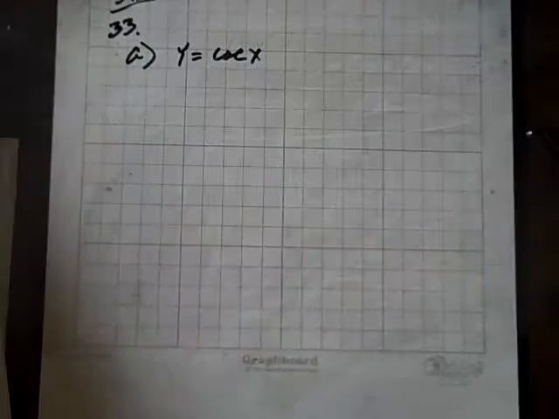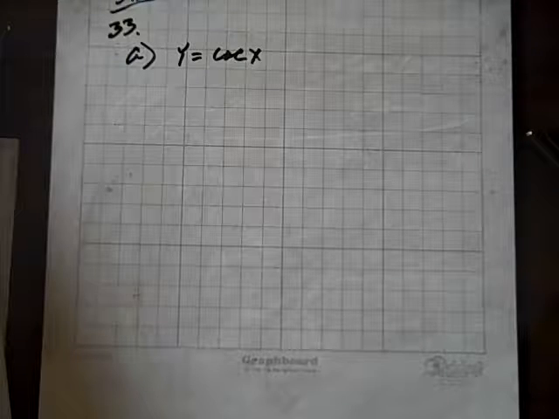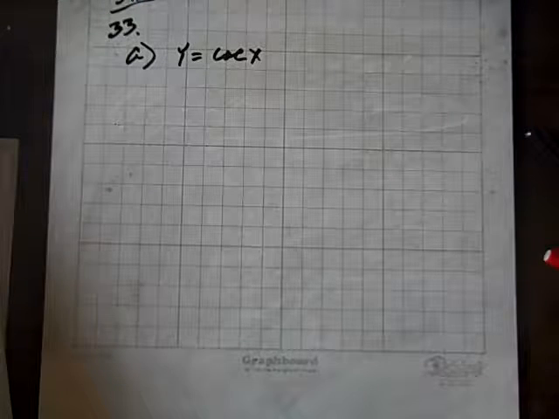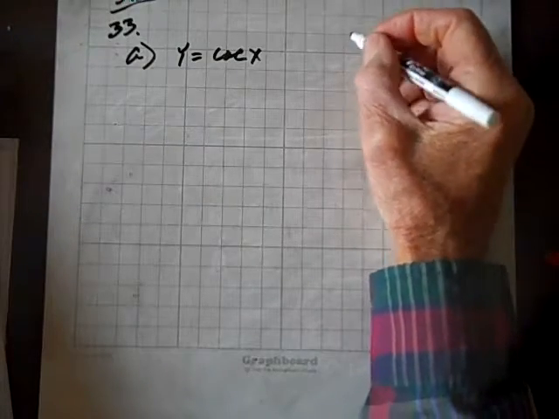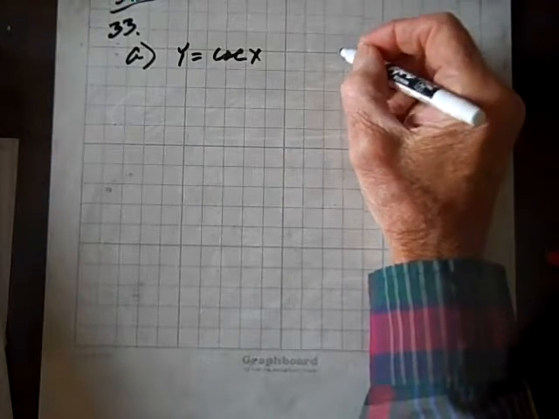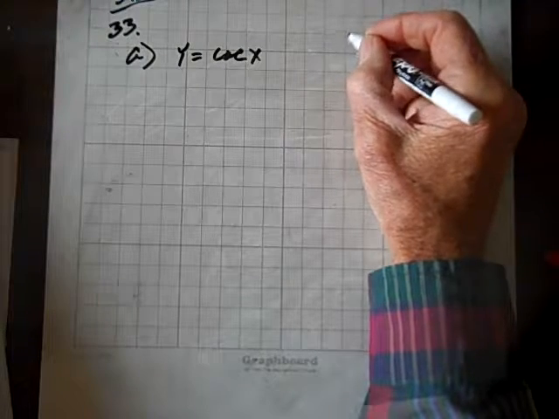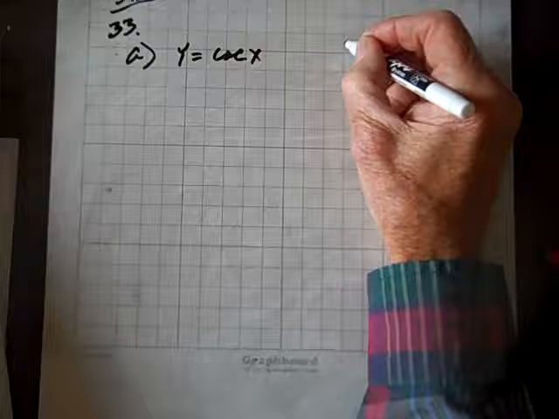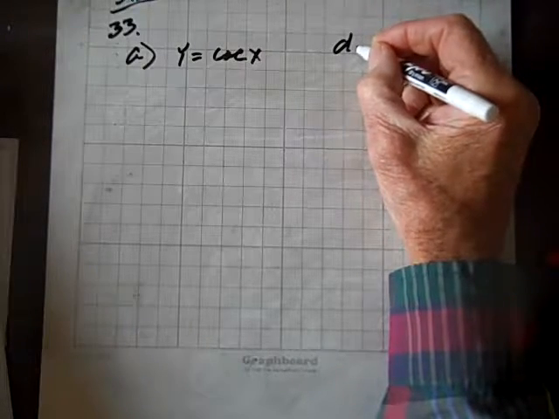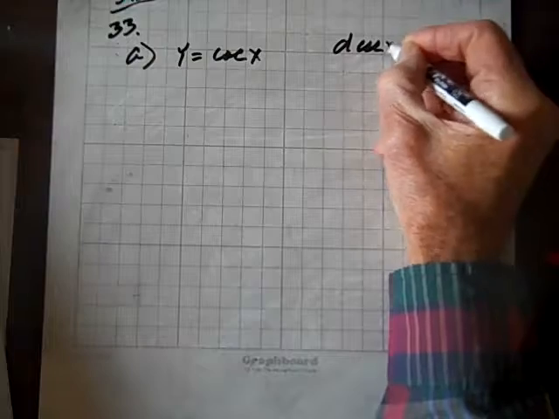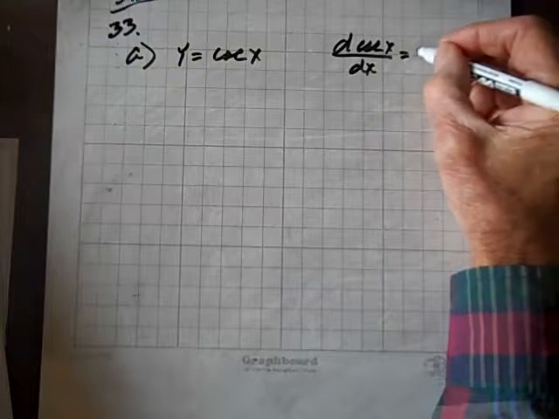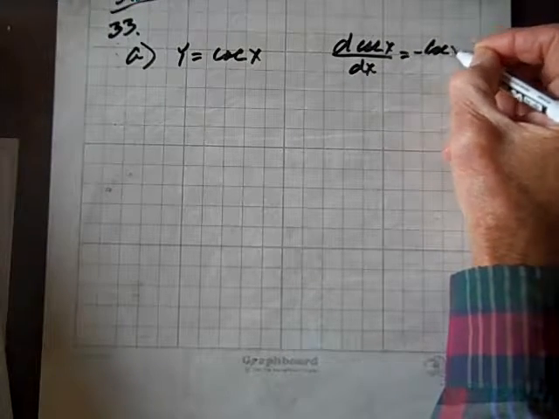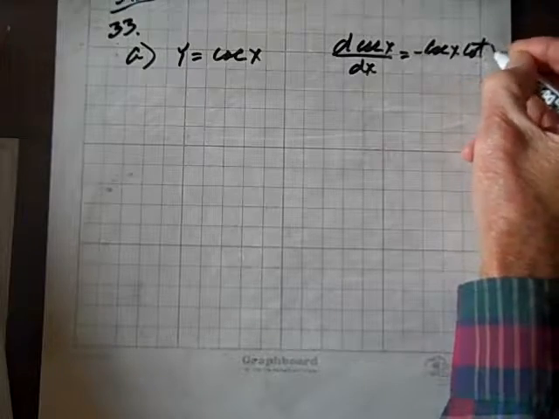Okay, now we're doing question 33, and there's two parts, A and B, and so we're doing A now. And let me point this out. We need three identities. We need to find the second derivative of this, and to do that we need three identities. First of all, the derivative of the cosecant of x with respect to x equals minus cosecant x times the cotan of x.